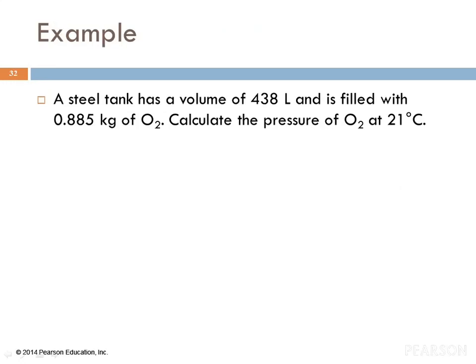Okay. R is the ideal gas constant, and it is 0.082. Well, do they do 0.08206 or do they do 0.0821 in your book? Okay. Did I have it on there somewhere and skip it?